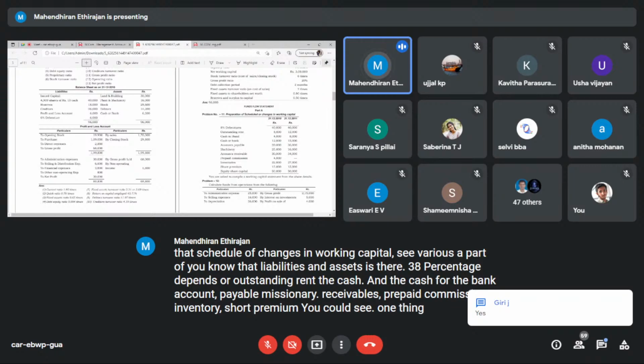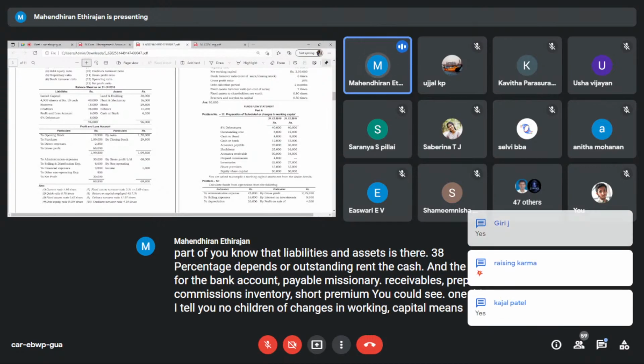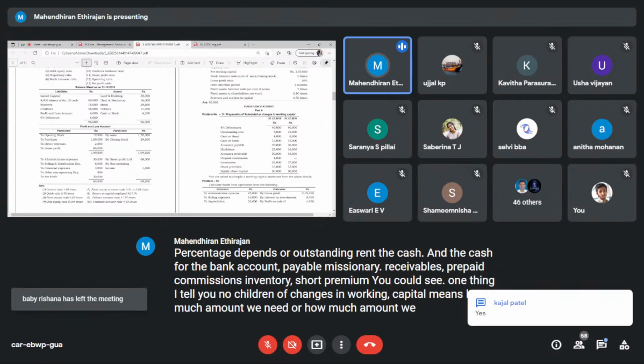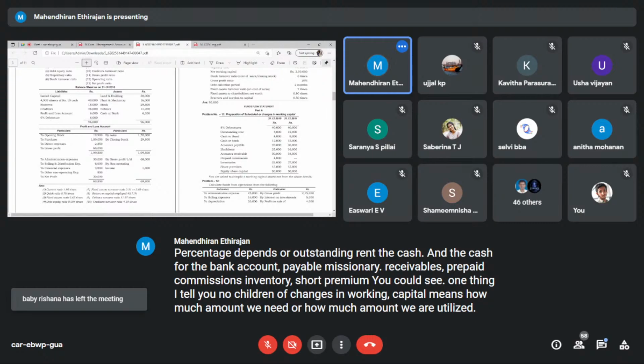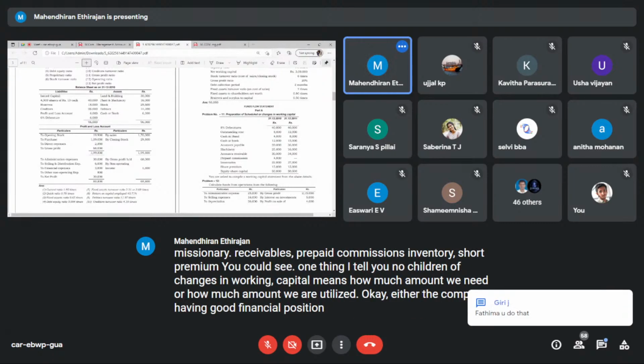One thing I tell you, schedule of changes in working capital means how much amount we need or how much amount we utilized. Okay, whether the company has a good financial position or not.